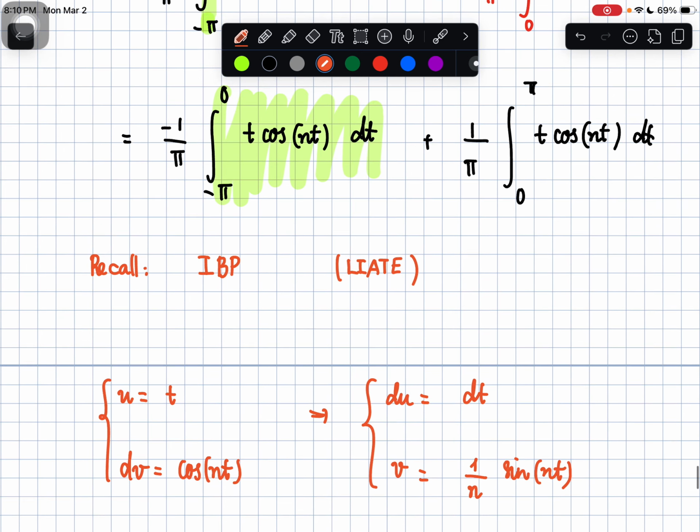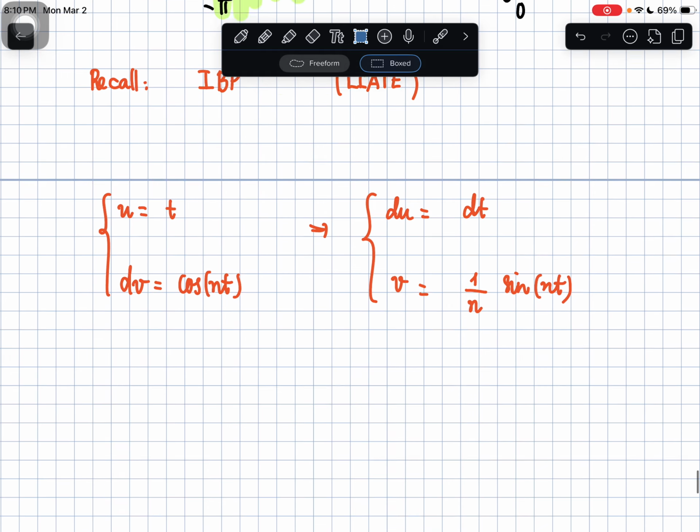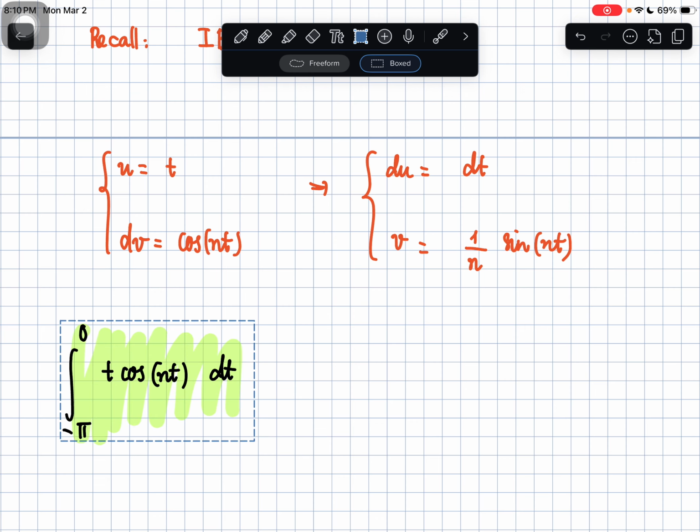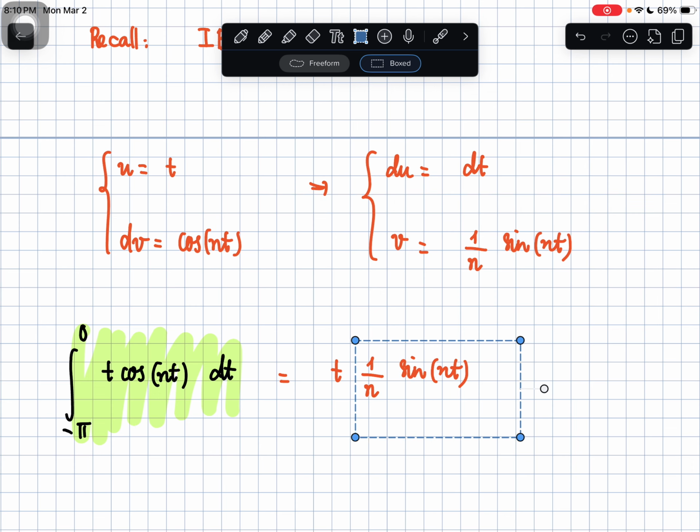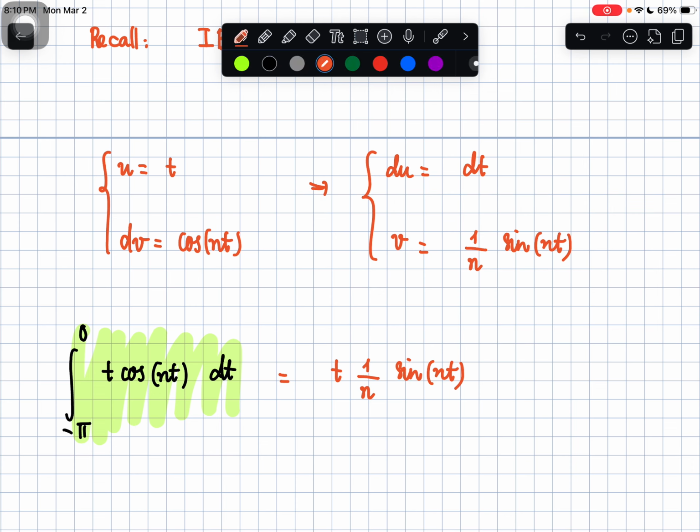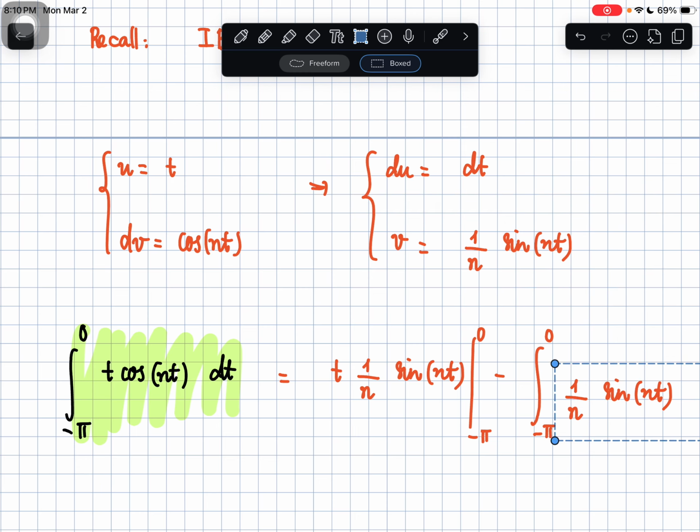Now the first integral equals uv minus the integral of v du, with limits minus pi to 0. du is dt.